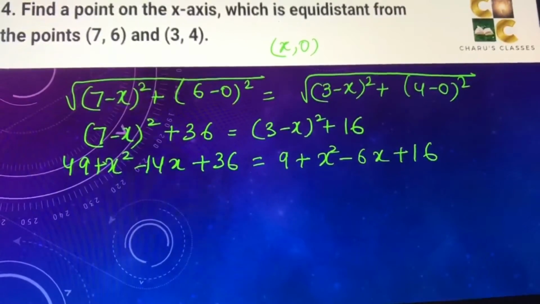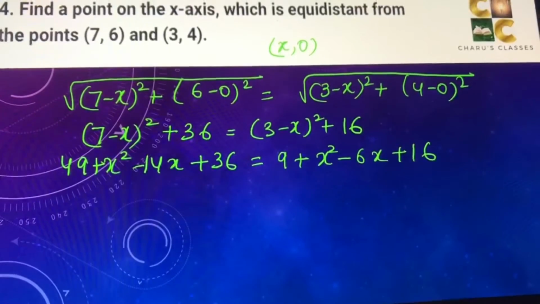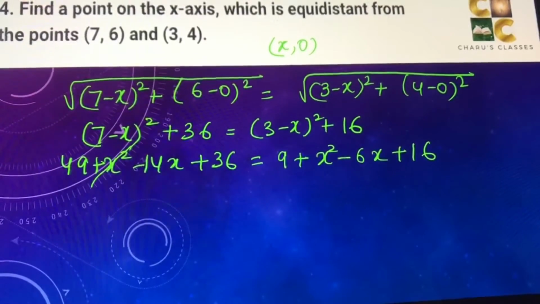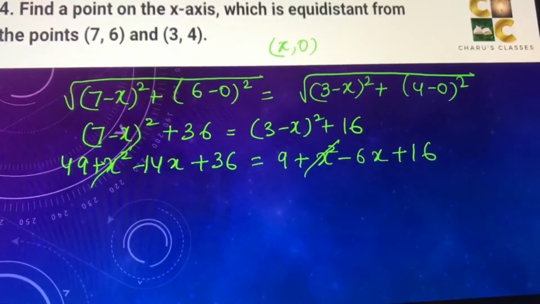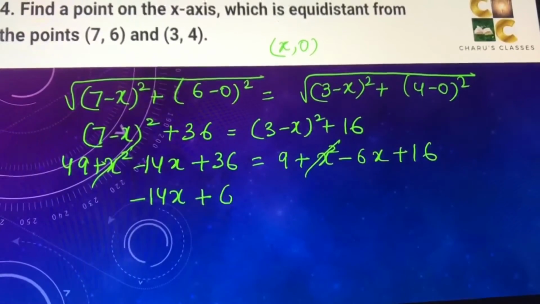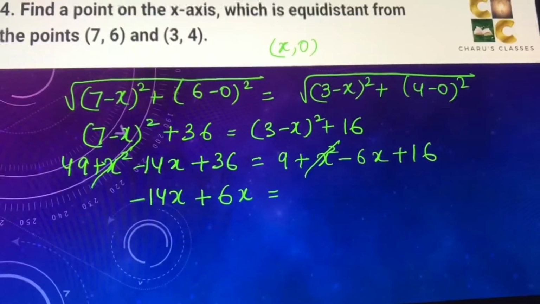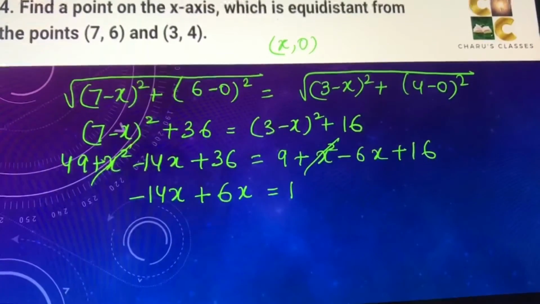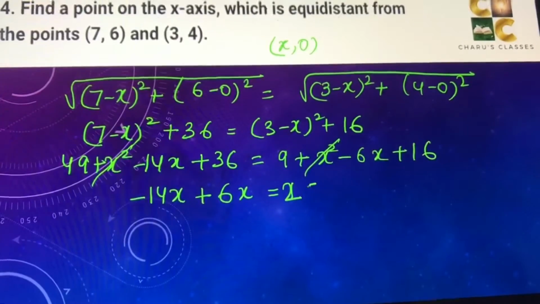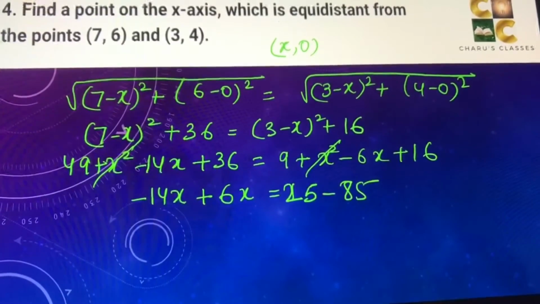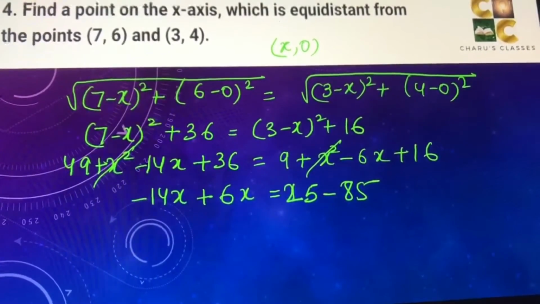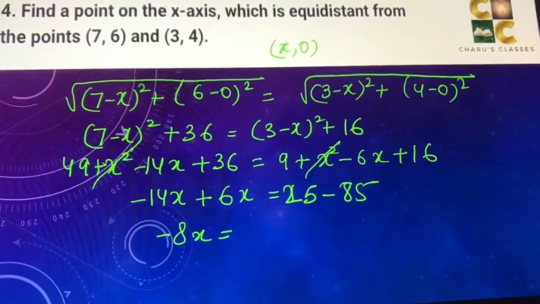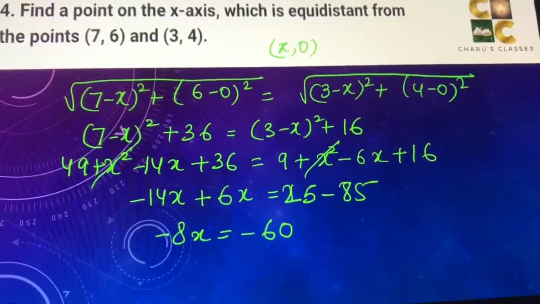So solving it will give us this x square will cancel. So we are having minus 14x plus 6x is equal to, there is 16 plus 9, 25 there. So 25 minus 85. Or we can say minus 8x is equal to minus 60.